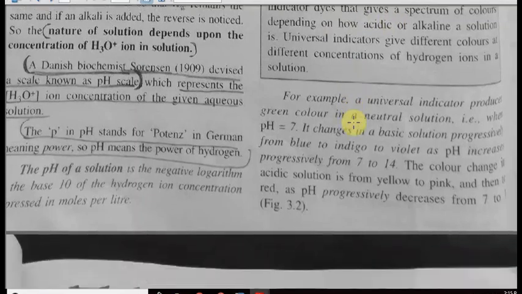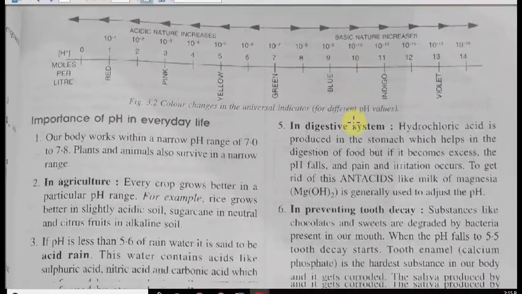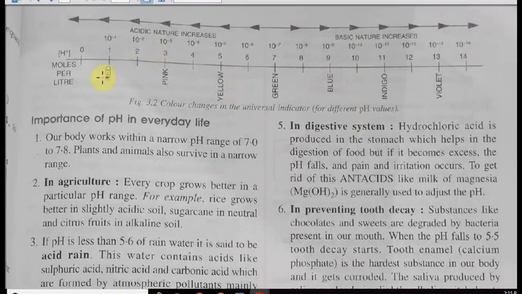Let us go to that figure. This is the scale depicting the universal indicator. If you are testing an acid, and one acid gives red color and another acid gives yellow color, both are acids, but the red one has more strength, pH value 1, and the yellow one is less acidic, pH value 5.